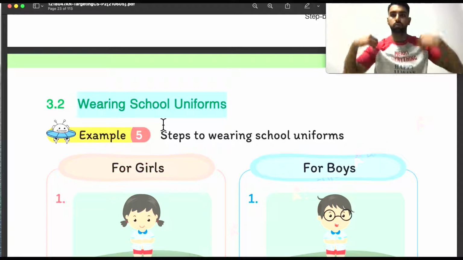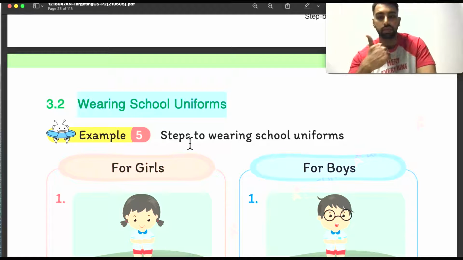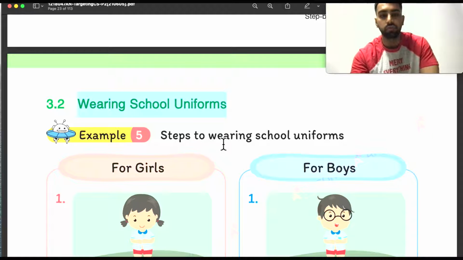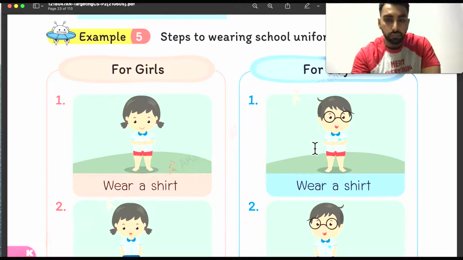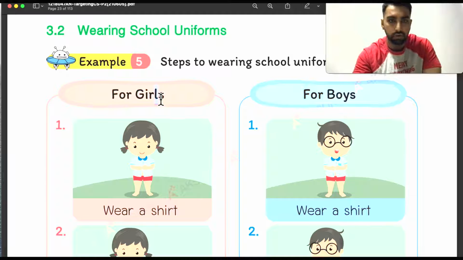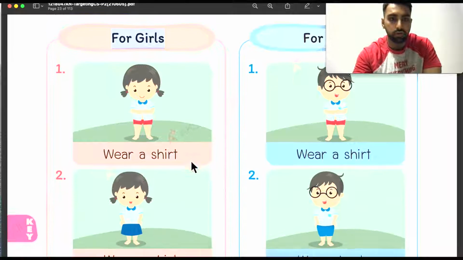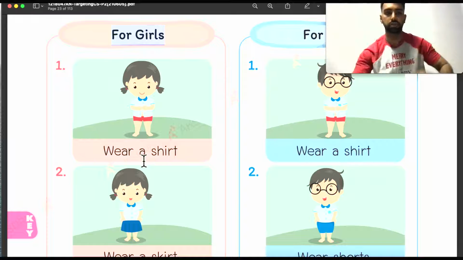Wearing school uniform. How do you wear a school uniform? Into steps. Steps to wearing school uniform is for girls and for boys. For girls, wear a shirt, number 1.